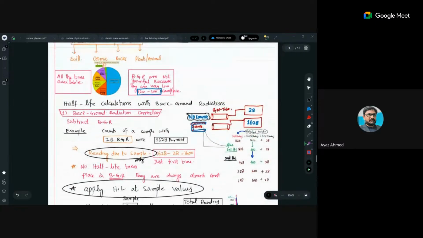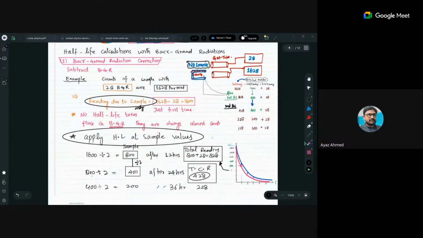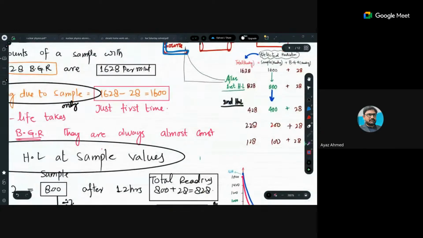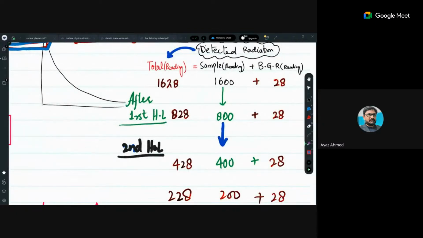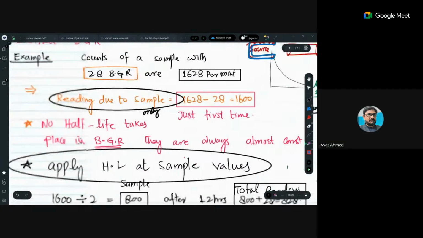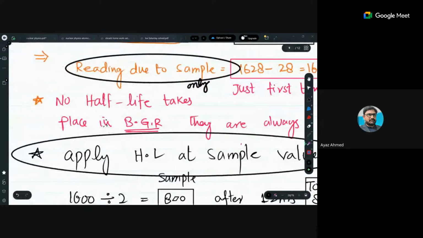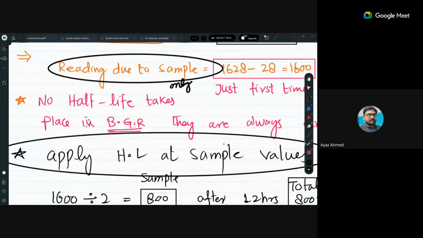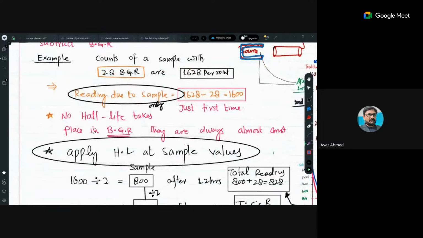So there is no half-life on the background radiation. Remember this thing. This is a compulsory note. You must know this. Everyone must know that no half-life takes place in background radiations. They are always constant, almost constant.